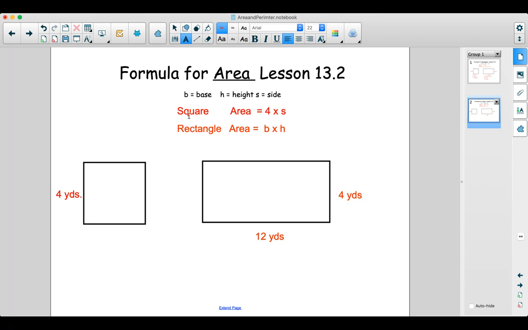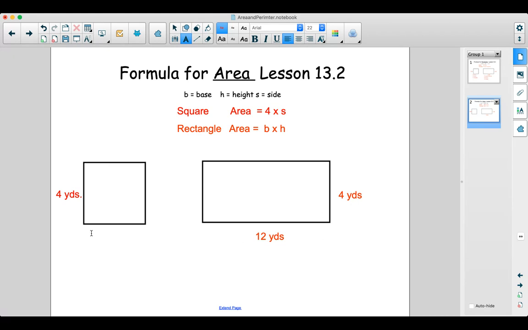So if you're measuring the area for a square, you use the formula area equals 4 times S. S equals the side. If you need to measure the area for a rectangle, you have to measure area equals base times height. This is your base and this is your height.